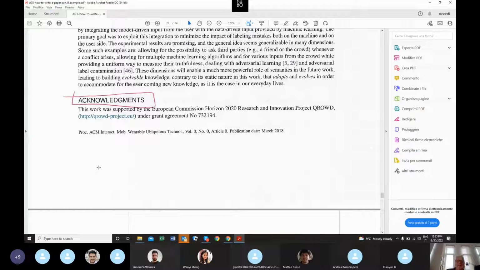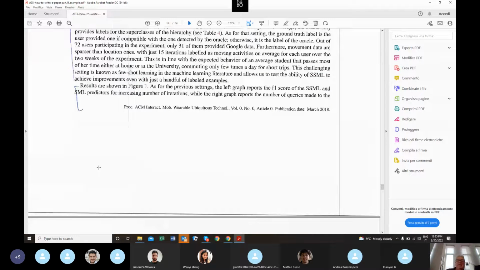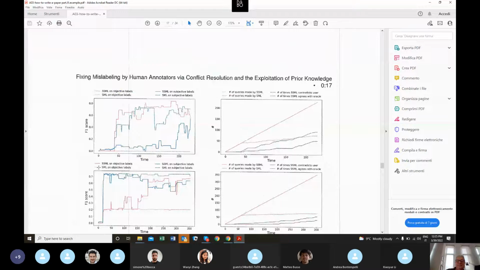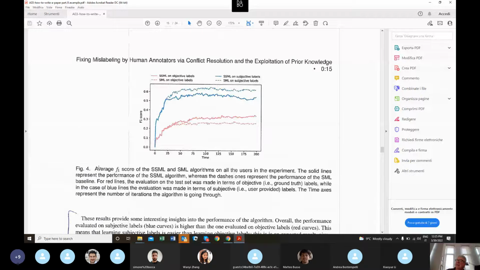But the point I'm making is that I could decipher this paper simply by looking at the title, the abstract, the introduction, subsections, pictures, and algorithms.